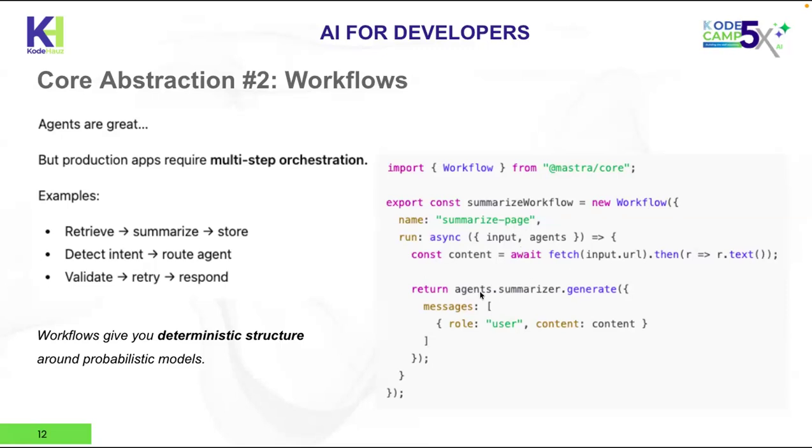You can then pull that. So the workflow allows you to add agents, and when you add agents to a workflow, it means you can call any of the agents in the workflow to do stuff. So the workflow allows you to manage that orchestration.